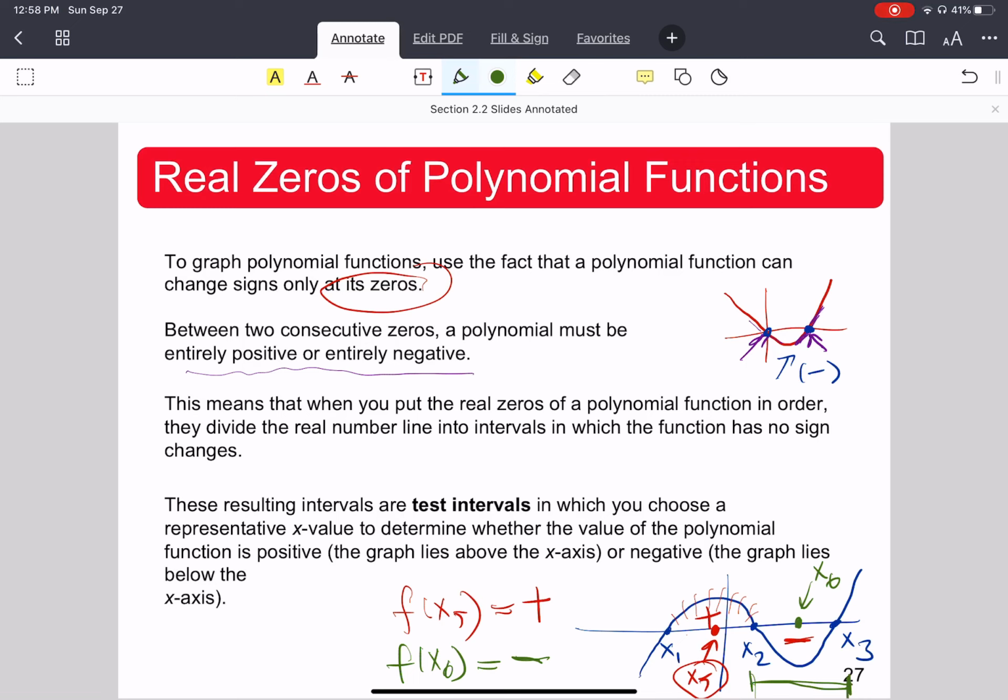So you test using these points, and we call these intervals test intervals.